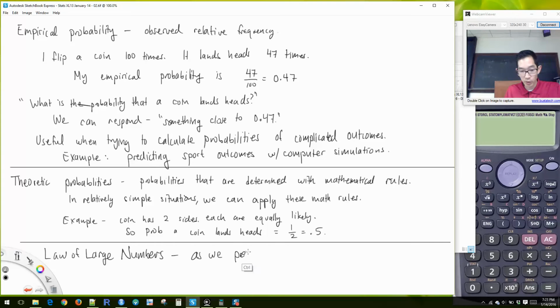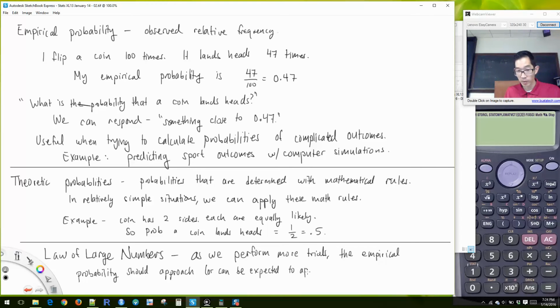So as we perform more trials, the empirical probability should approach, or can be expected to approach, the theoretic probability.